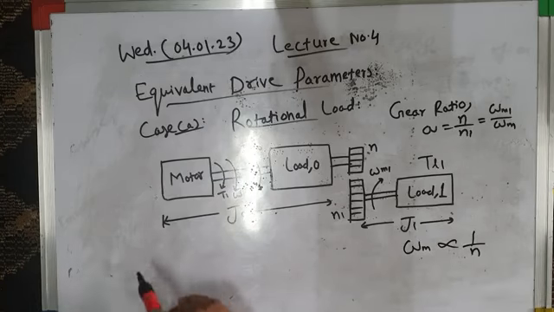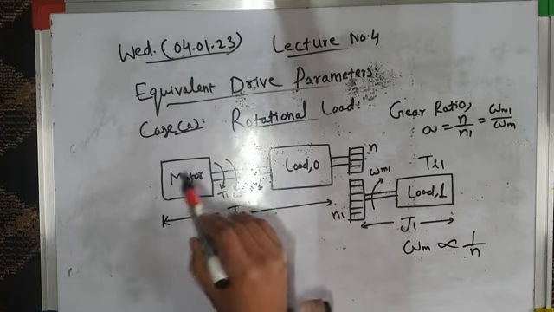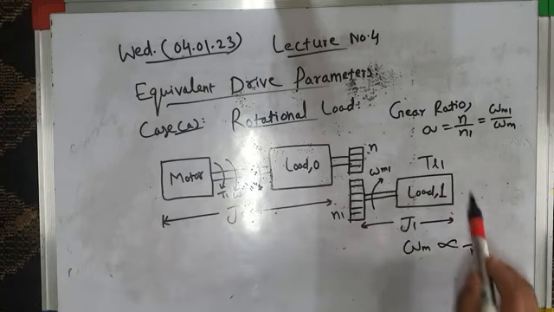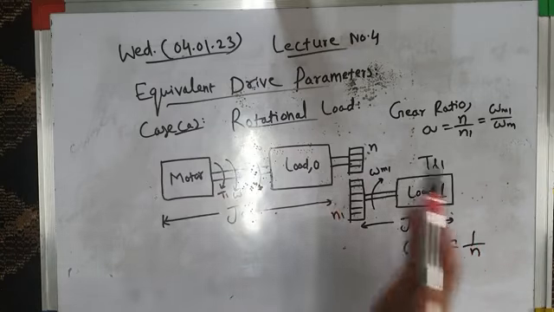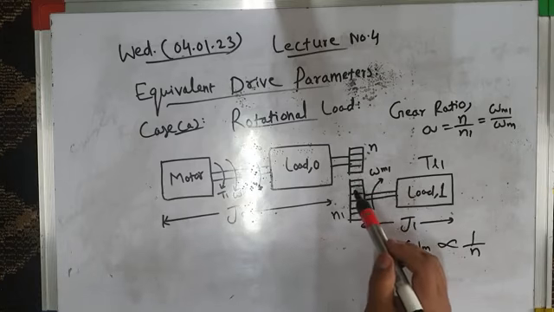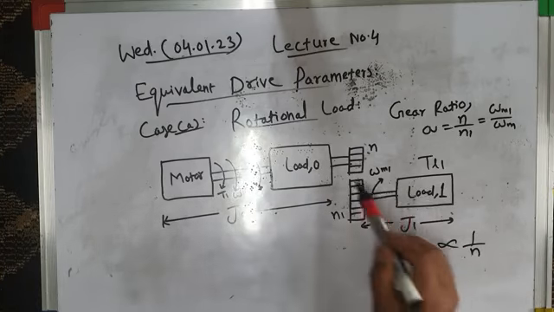Now let us write an equation. First of all, we'll try to find what is the total moment of inertia. The moment of inertia of the motor and load 0 arrangement is J0, and the moment of inertia of this system is J1. What is the total moment of inertia referred to the motor side? Because we have a gearing arrangement, load 1 is not directly coupled with the motor, it is coupled via gear.